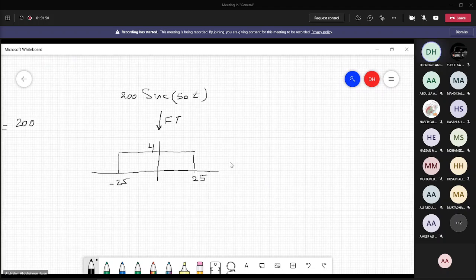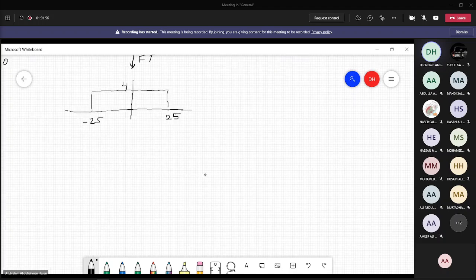This is sinc. This one is a low pass filter. It is only one side here. Okay, it's going to pass only this one. So this is the cutoff frequency, digital low pass filter. Anything above 25, it's going to reject.